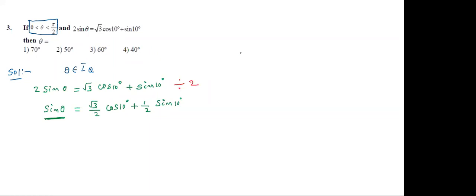What is the formula for sine of a plus b, students? Sine a cos b plus cos a sine b. Here cos is there, here cos is there.